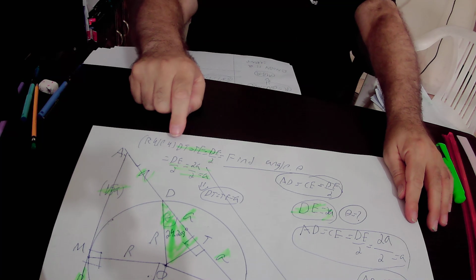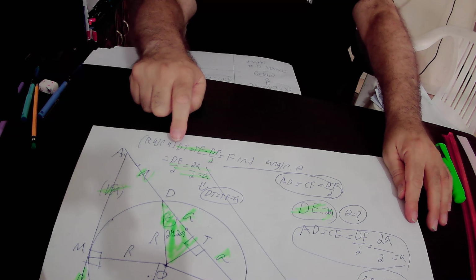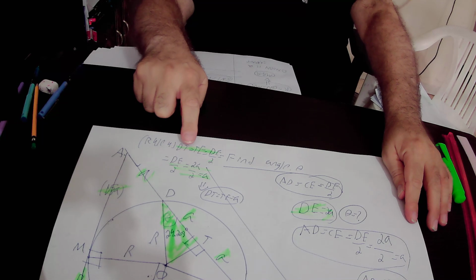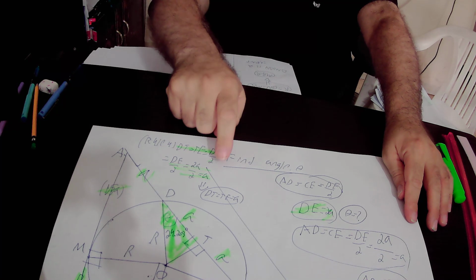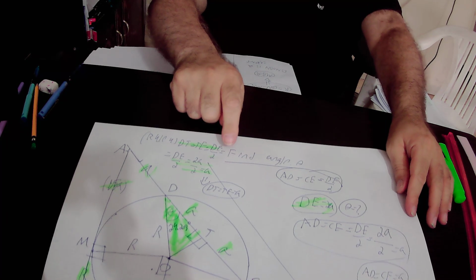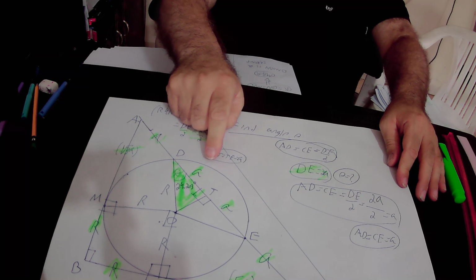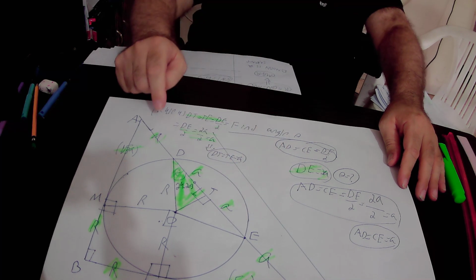Since DE is 2A, 2A over 2 is A. So DT equals TE equals A.